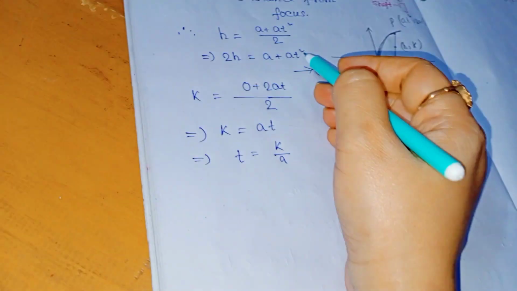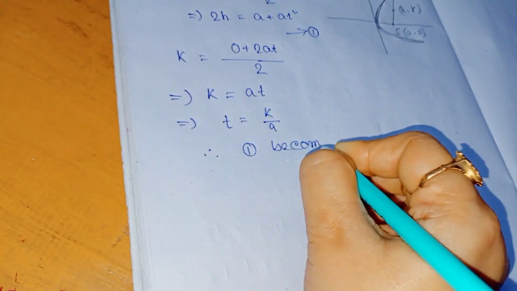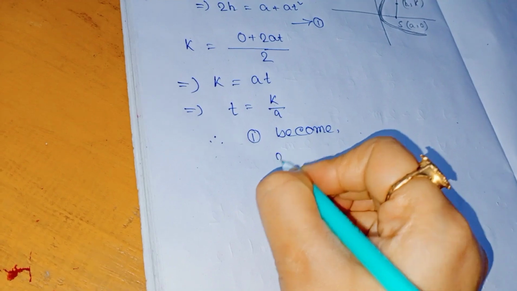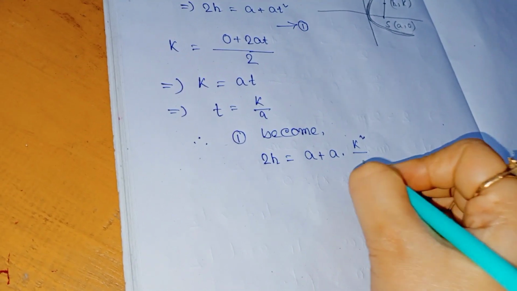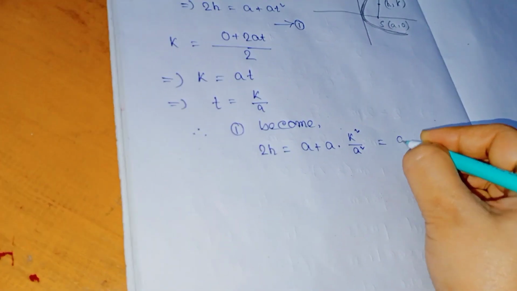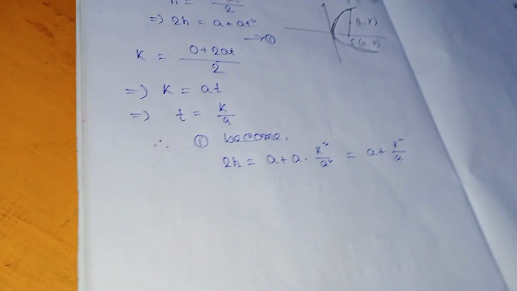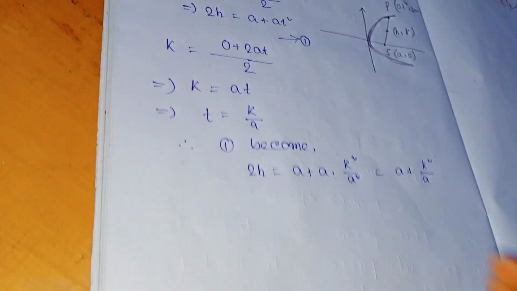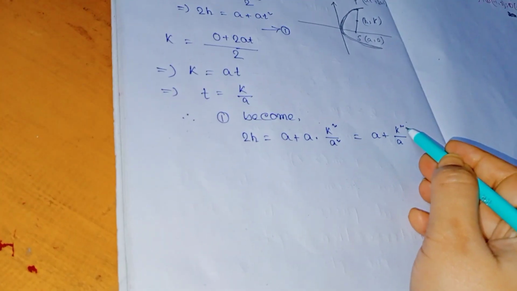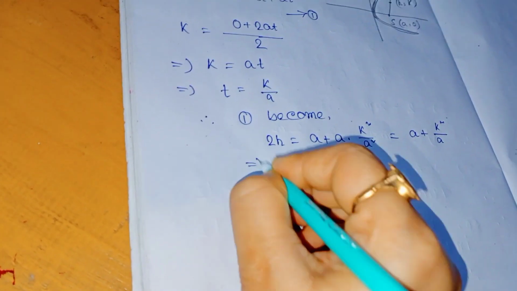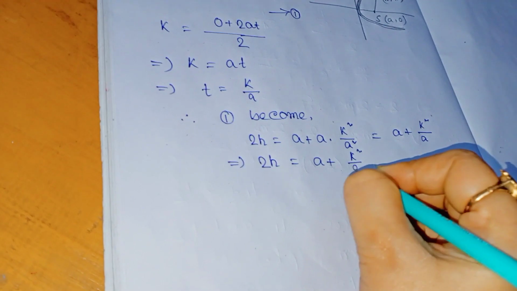Putting this value in equation 1, twice h is equal to a plus a into k squared by a squared, that is a plus k squared by a. So finally we may write twice h is equal to a plus k squared by a.